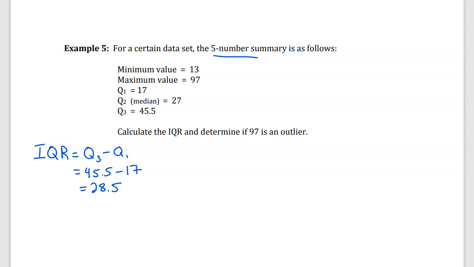That's that interquartile range. Then we need to determine what is considered the lower fence and the upper fence. Anything outside of these fences would be considered an outlier.